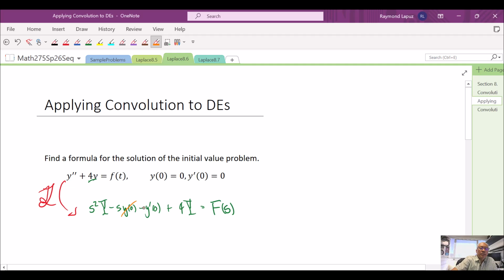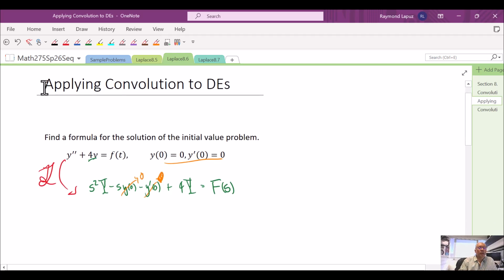All right, we got zeros for our initial conditions. So that's great. That simplifies things quite a bit. And then now we have (s squared plus 4) times Y equals capital F of s.